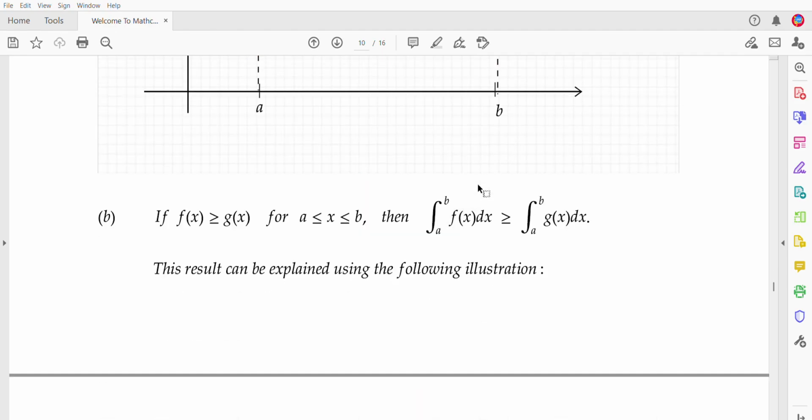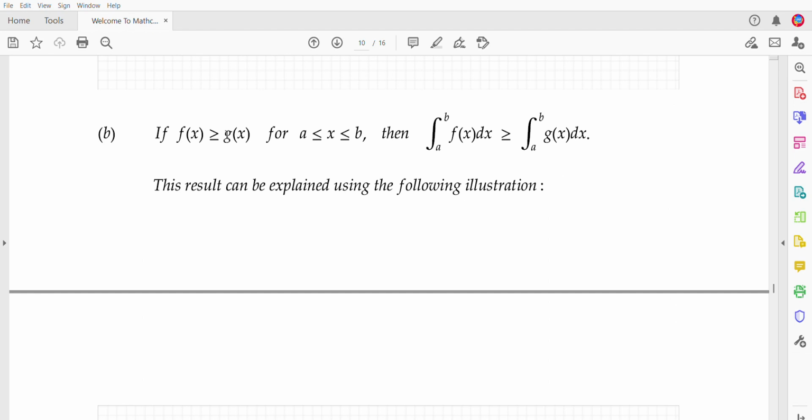Here is another property. If f(x) is greater than or equal to g(x), mind you, this must happen over the entire interval a to b, then the definite integral a to b f(x) dx is greater than or equal to definite integral a to b g(x) dx. Again, let's use a picture to see. f is greater than or equal to g.